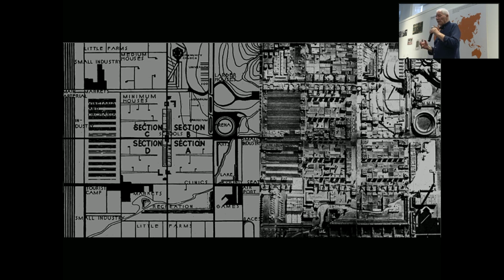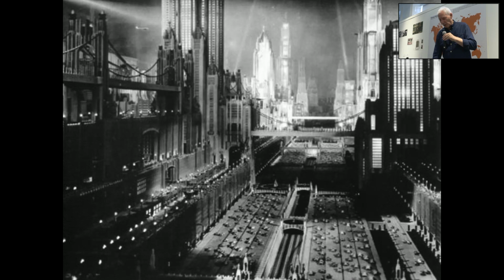Perhaps the best thing to remember about Frank Lloyd Wright is he was the author of the idea that every person should have their own acre. They should all have their piece of land. The other thing to remember about him, he thought the only person who could be responsible to run a city like this was an architect. So he didn't always convince people, let's say, of the rationality of this view.